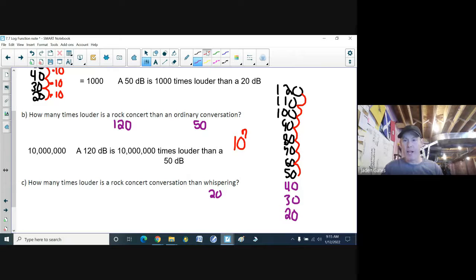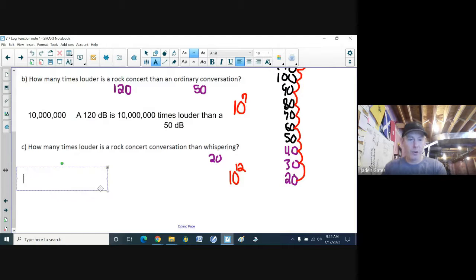And so now we're making what we had, 7 jumps from 120 to 50, and then we got 1, 2, 3 more jumps. So that's 10 times itself, multiplying 10 by itself 12 times. So that means I'm going to have 12 zeros. So I put a 1 and then we go 1, 2, 3, 4, 5, 6, 7, 8, 9, 10, 11, 12.